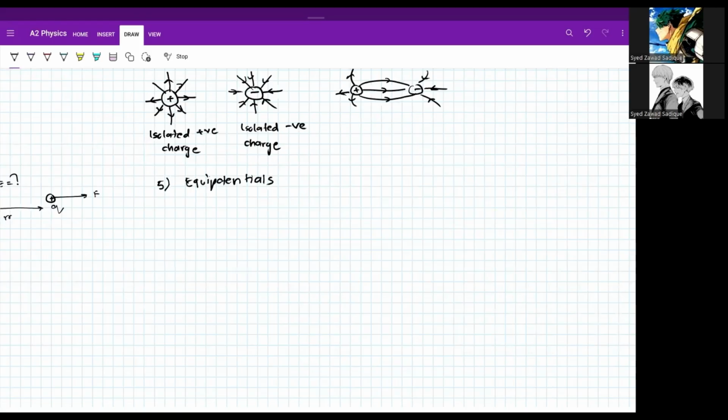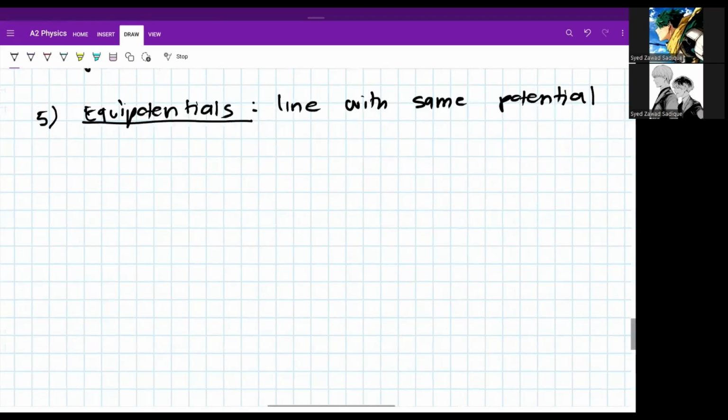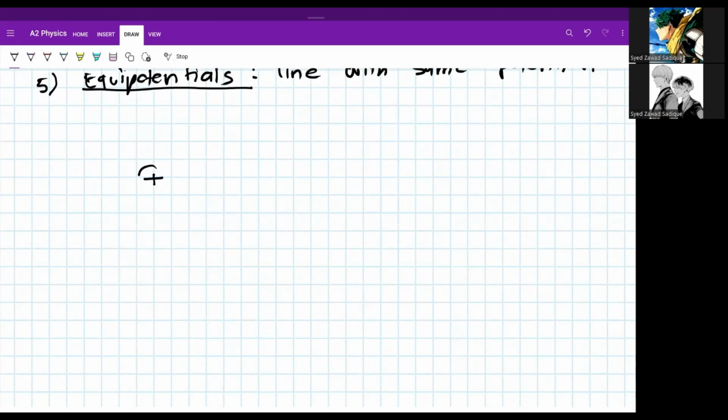equipotentials. Equipotentials are lines with the same potential. Now, for a line with the same potential, it's going to be one, two. So this is a positive charge with field lines going outwards.